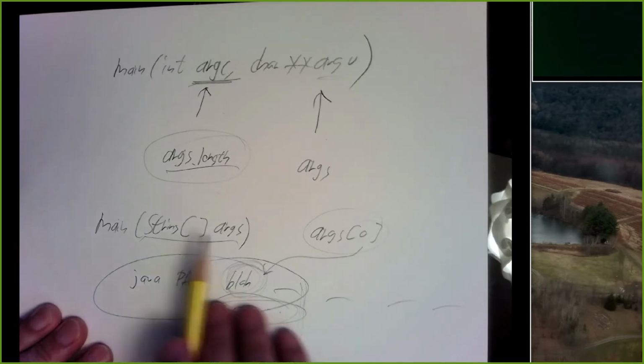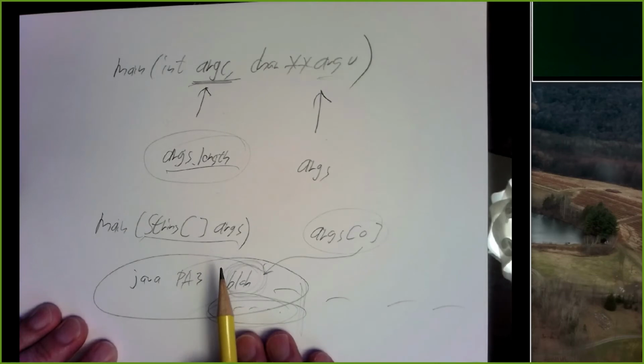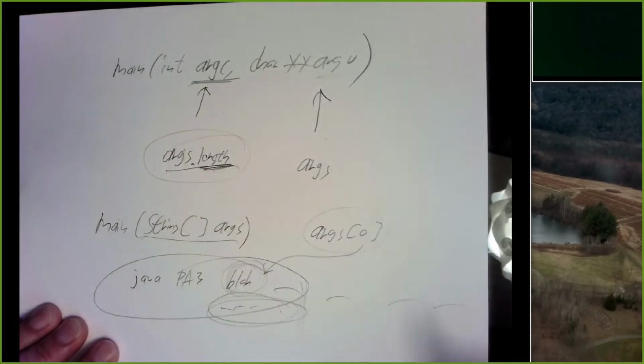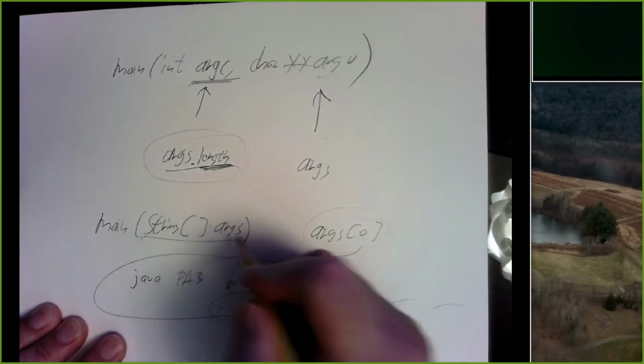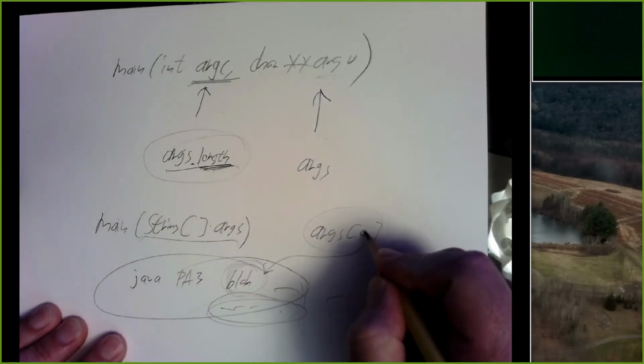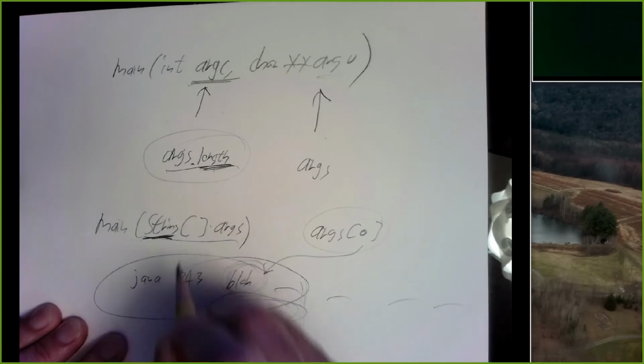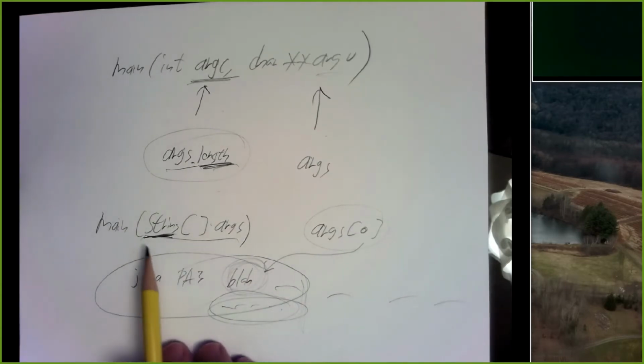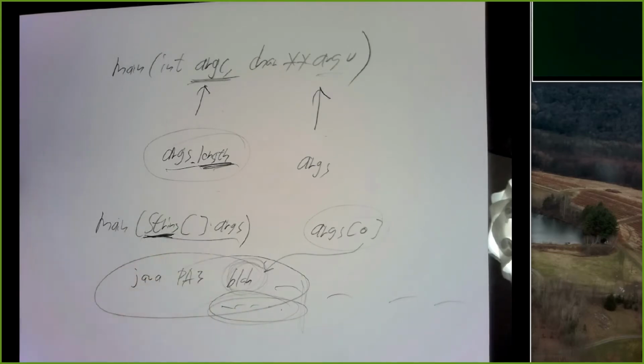So this is an array of strings. The only thing we really need to know about arrays at this point is you can say array.length to find how many things are in there. But then if you say array[some index], it's just a string. And all the methods that you find in the string class are applicable to args[0], args[1]. But there's nothing special about the fact that this is the argument list for the main method.